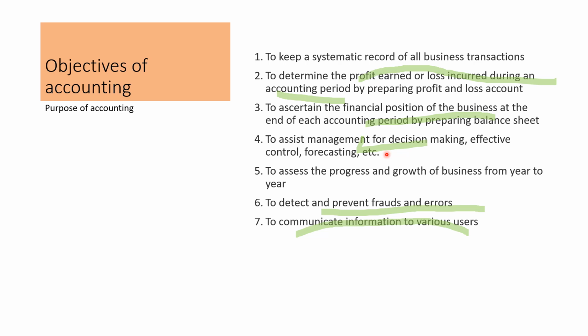Okay, so what are the factors which are affecting the performance and growth and efficiency of the company. So these are the factors which are to be analyzed by the management for taking the decisions. And obviously, window dressing and manipulation of the accounts are very common today. So that is why we need to prepare these statements so you can identify the frauds and errors which are happening in the business.